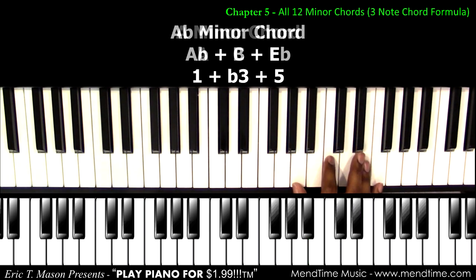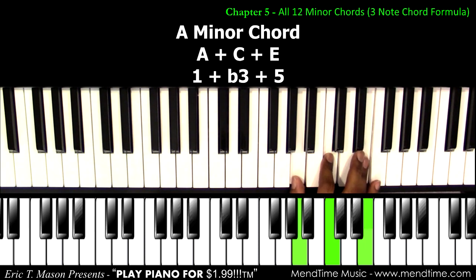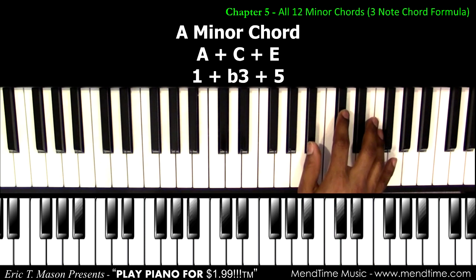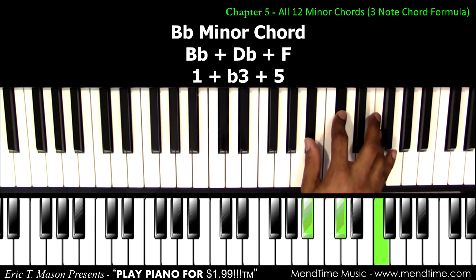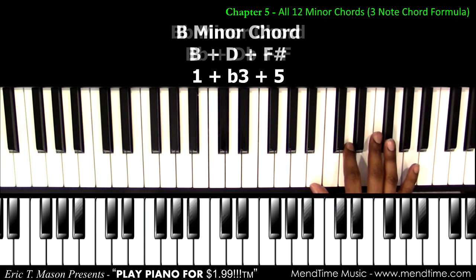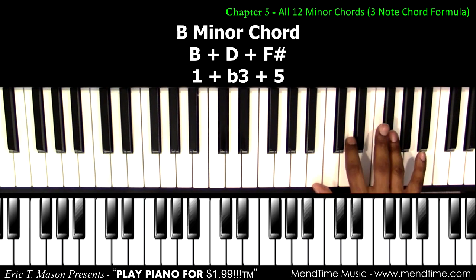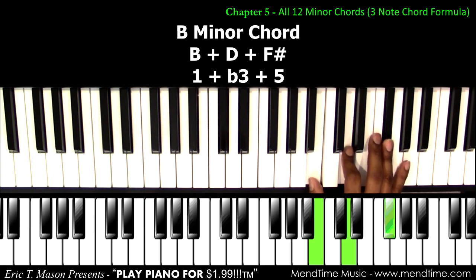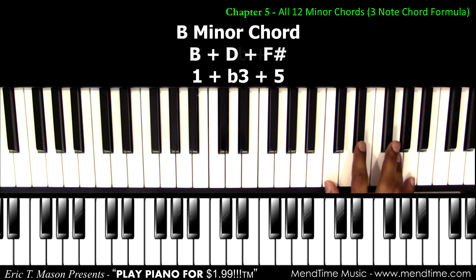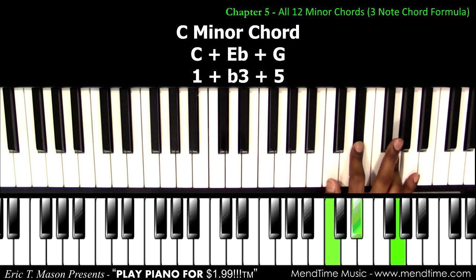A minor is A, C, and E. B flat minor, going up a half step in all fingers, is B flat, D flat, and F. Just sliding it a half step to the left. B minor is B, D, and F sharp. And closing out with C minor again, C, E flat, and G.